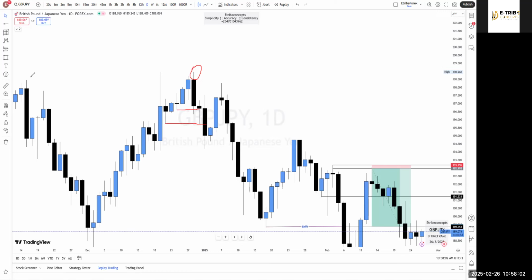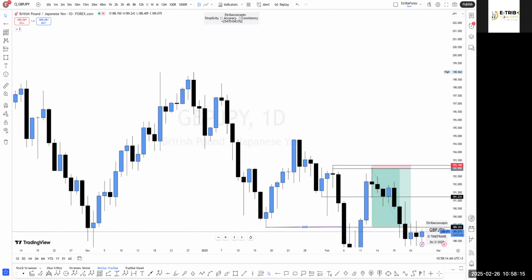So let's focus on this zone as our validation and invalidation point. So let us mark this zone where we are expecting to have the shift point. Just a moment. So we have this. Let me show you.